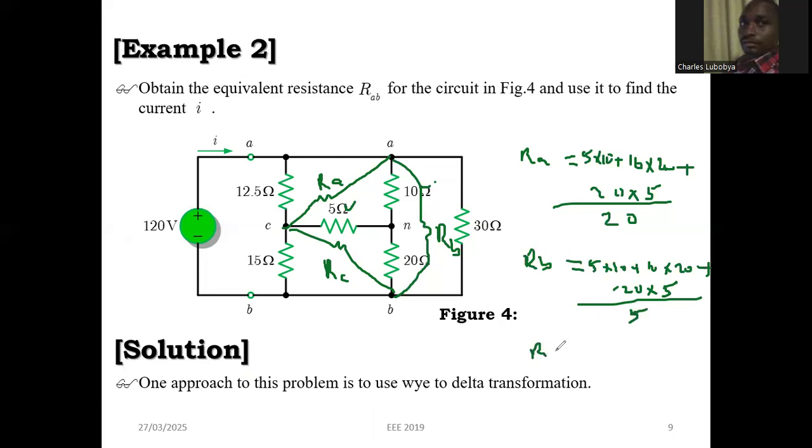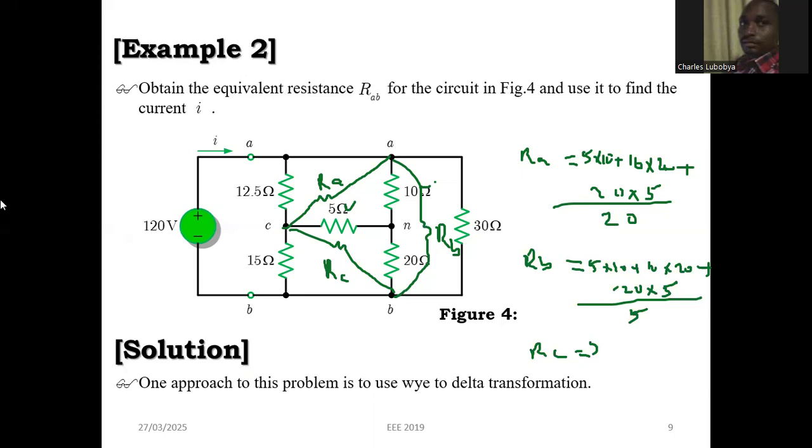Then RC, the numerator remains the same, 5 times 10, plus 10 times 20, plus 20 times 5, divided by 10.